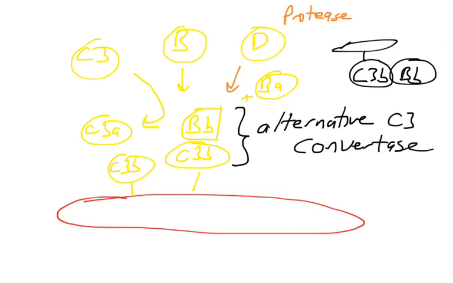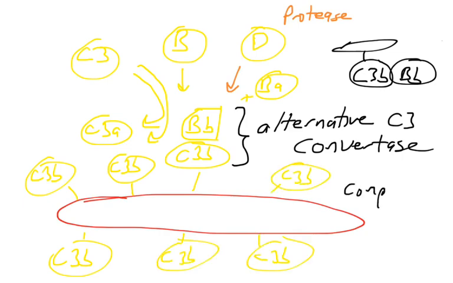So this enzyme that we've now covalently stuck to the surface of a pathogen works really, really well in causing C3s to be cleaved to C3a and C3b, and many C3bs decorating the surface of the pathogen. We call that complement fixation.